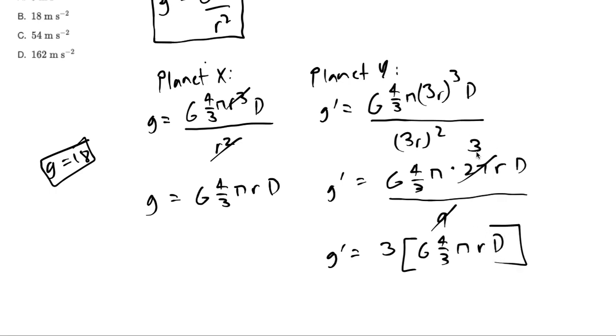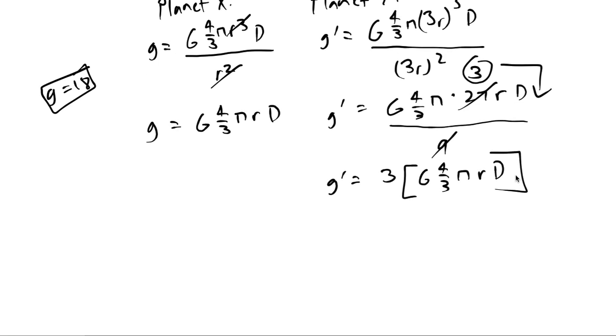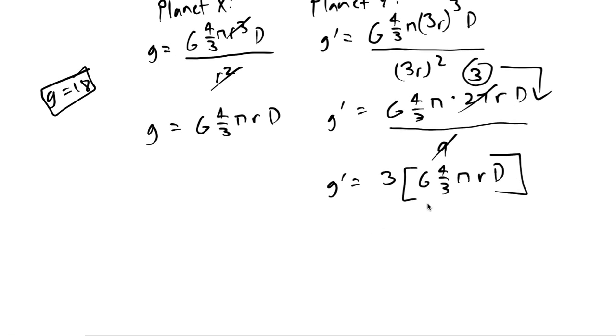All I did was take this 3 outside of the equation and multiply it to the whole thing. It's already multiplied, I haven't done anything else. But notice when I factored out the 3, we get G 4/3 pi r d.